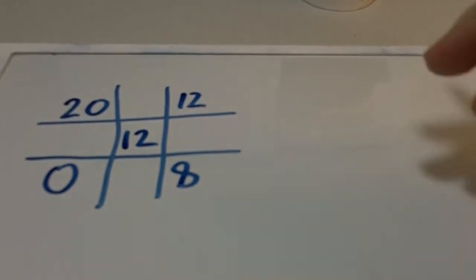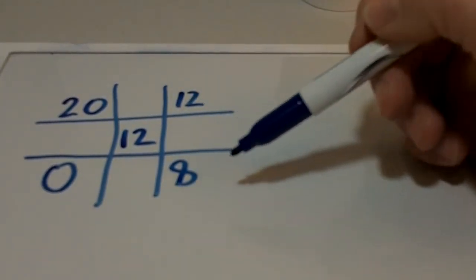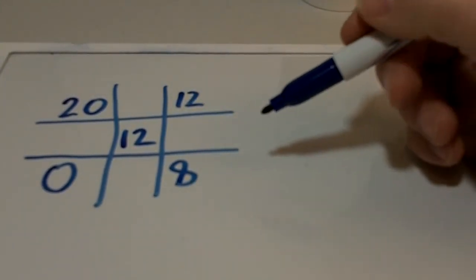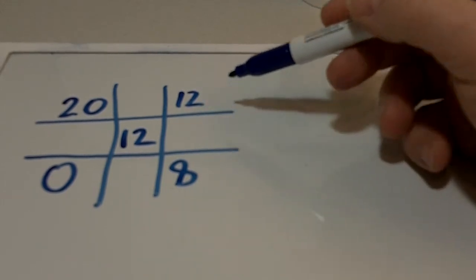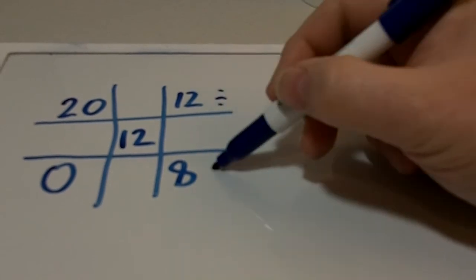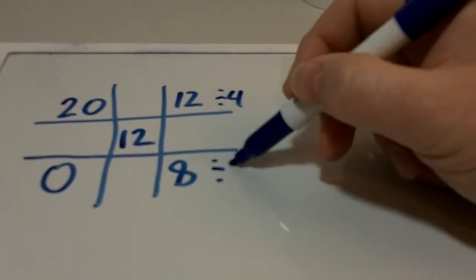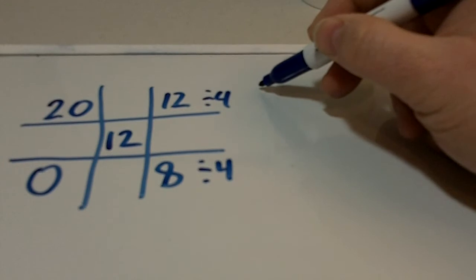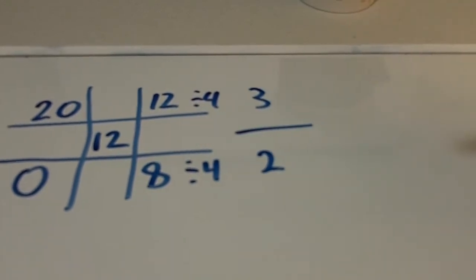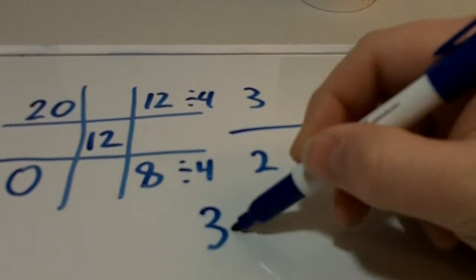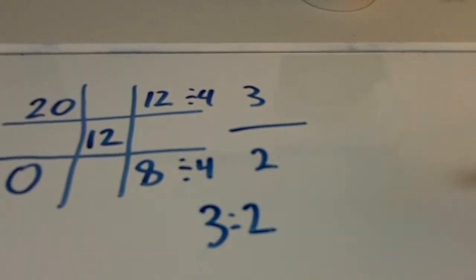So we have a ratio of 12 to 8, and each of these is divisible by 4, so I do that and come up with 3 parts and 2 parts. That's my ratio.